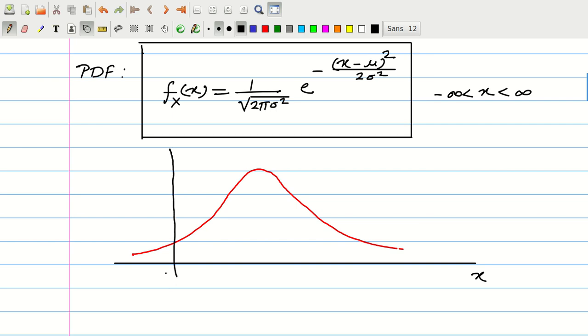So, there is the zero line. The peak occurs at the mean value mu, where the value of the PDF f_X(x) is 1 over root 2 pi sigma squared.